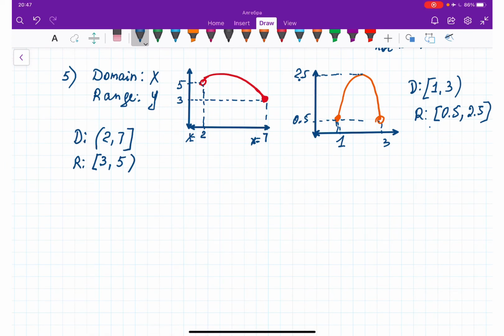I have, let's say, arrows. Arrows mean running to infinity. This, for example, is 5, okay?